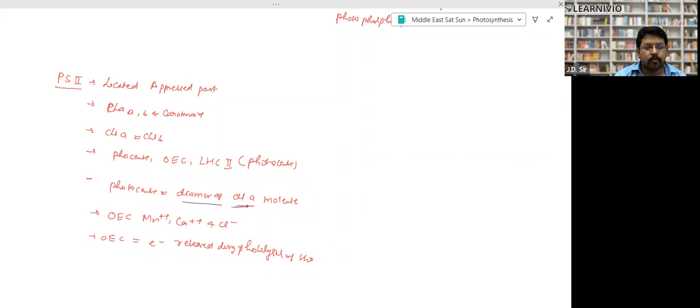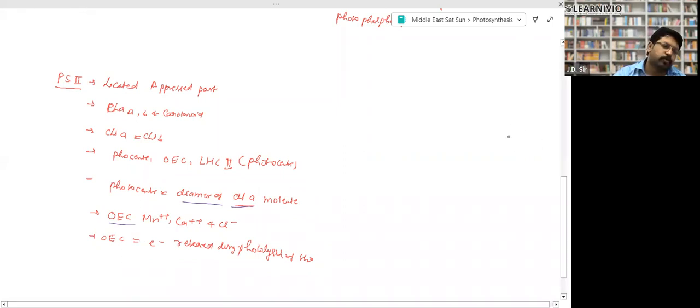Dimer means there are two chlorophyll A molecules. The oxygen evolving complex is made up of magnesium, calcium, and chloride. It helps in the evolution of oxygen. It releases the electron that is received by the electron acceptor, right? So this is the composition of photosystem 2.